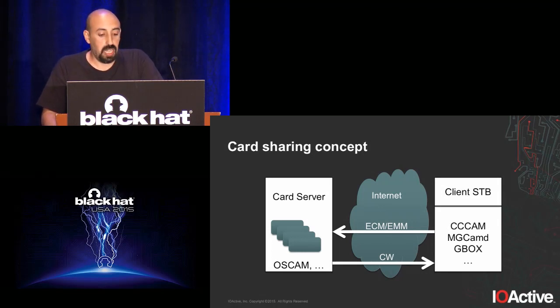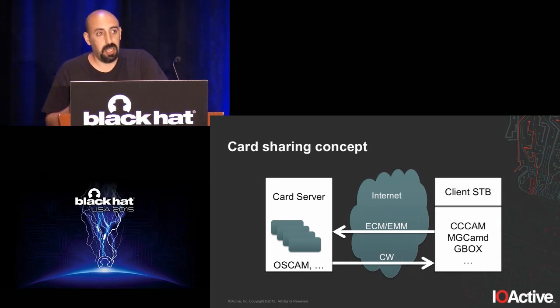On the other side, we have the client set-top box. This is a generic open satellite TV receiver, generally with Linux on it, and it has some components and what we call plugins. Those plugins are just pieces of software that support specific protocols.